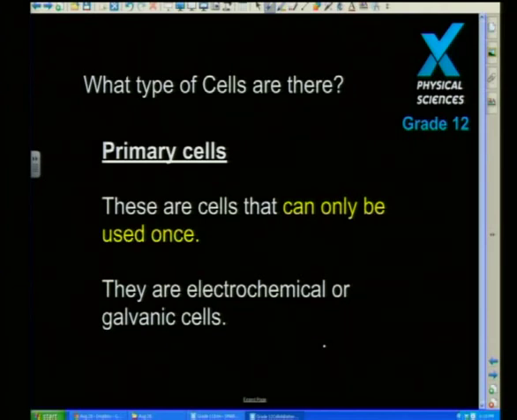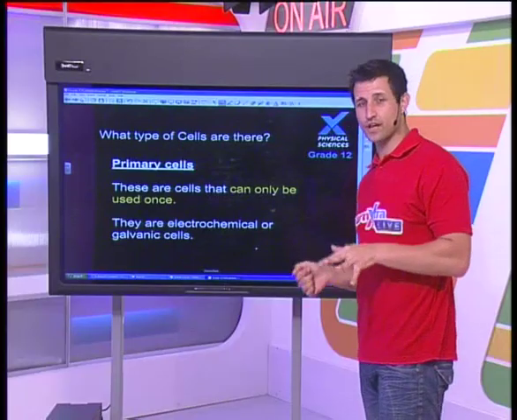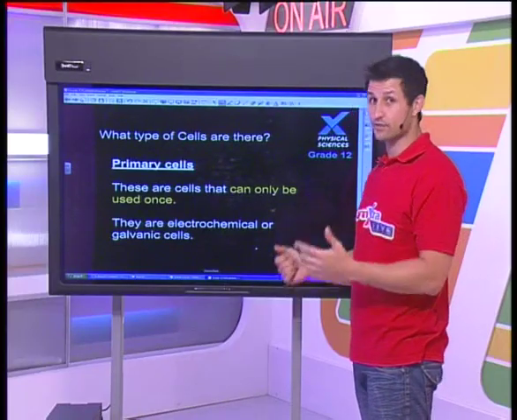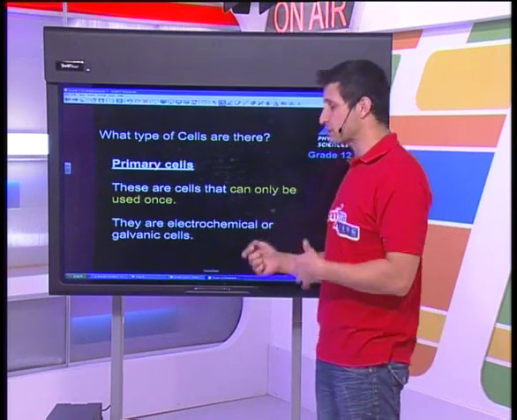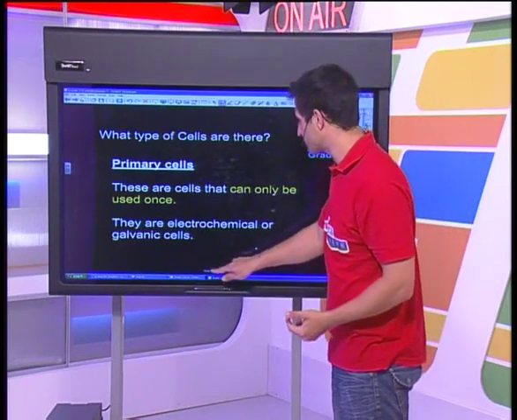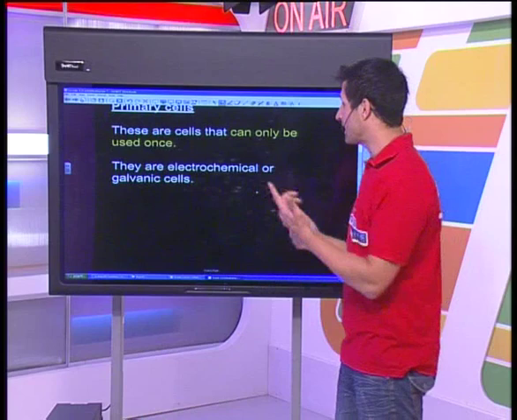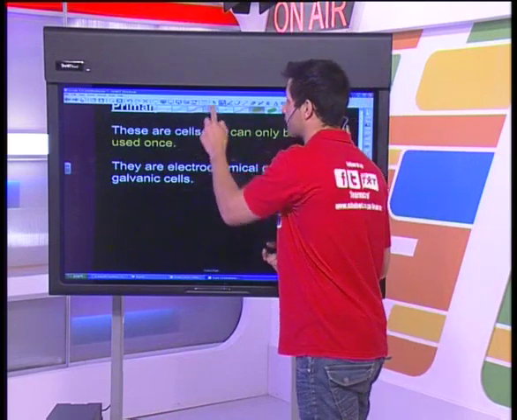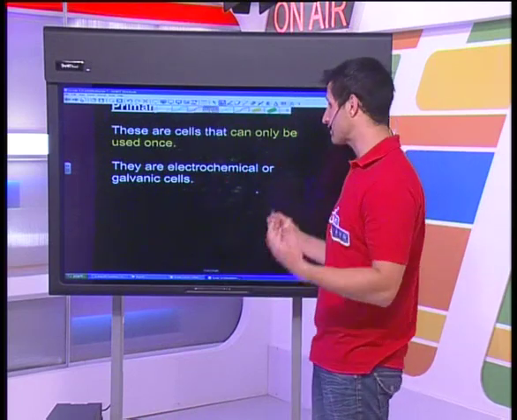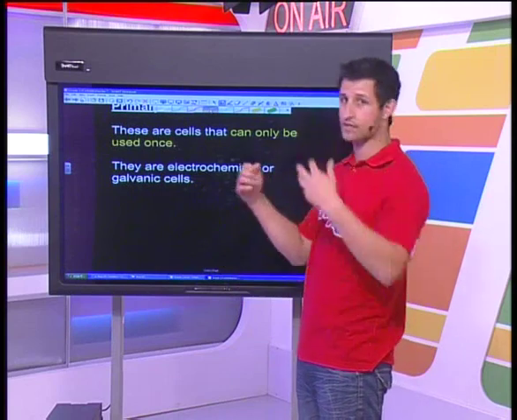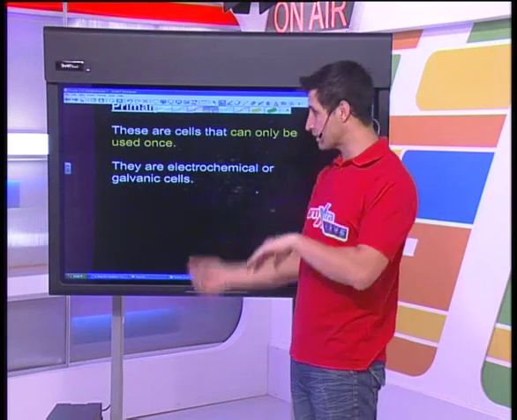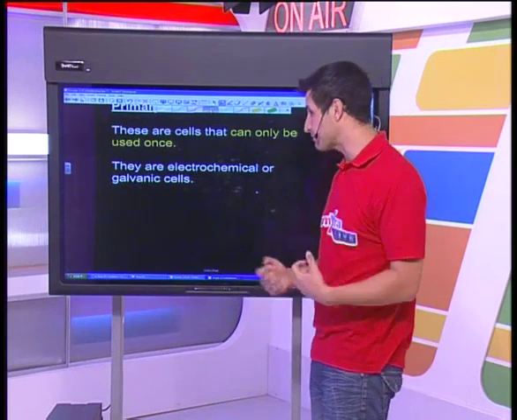Okay, now they are electrochemical, or galvanic cells. Now, please, I want you guys to make sure that you actually know the meaning of these words. Electrochemical or galvanic cells actually do something very, very specific. I'm going to use the words interchangeably throughout the show, so you need to know that a galvanic is an electrochemical, and electrochemical is a galvanic. These are the same thing.